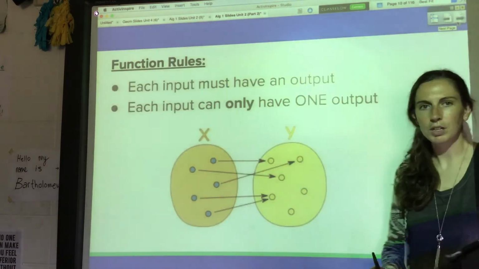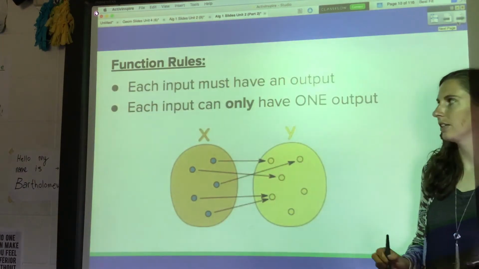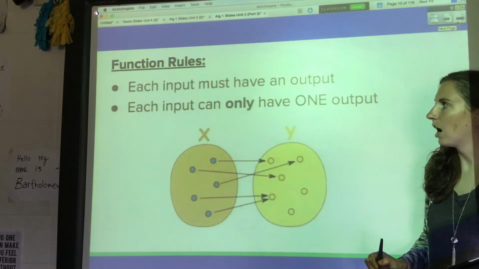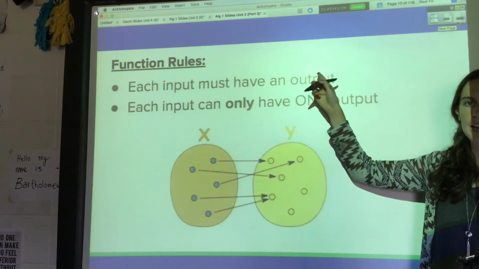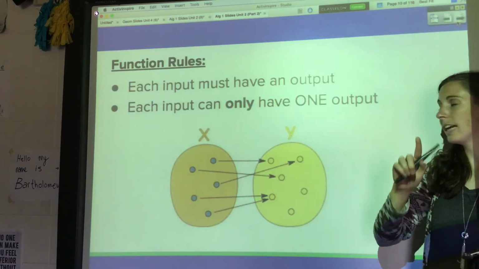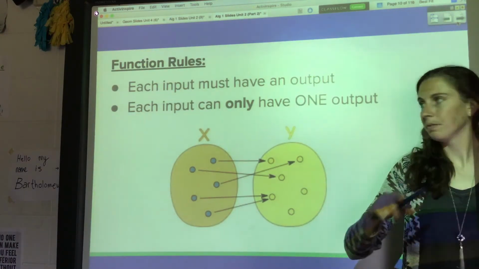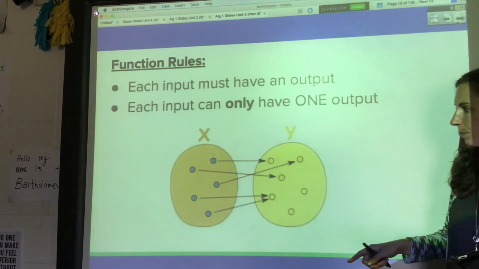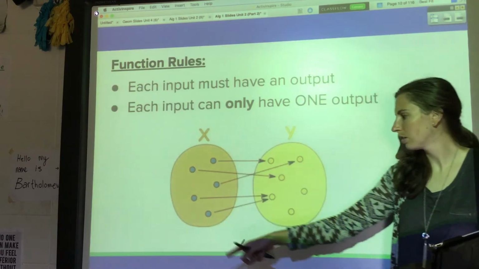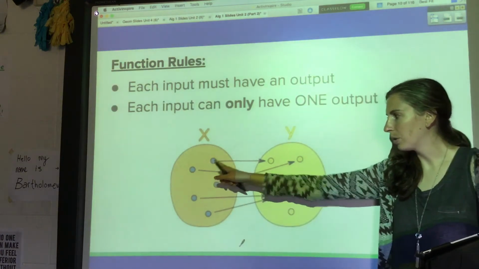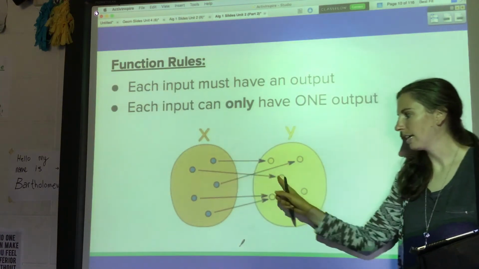Okay, what you probably noticed from that cryptology activity is that each input in a function has to have an output, and it can only have one output. So for example, imagine that each of these dots are my inputs. This input has that output, this input has that output.